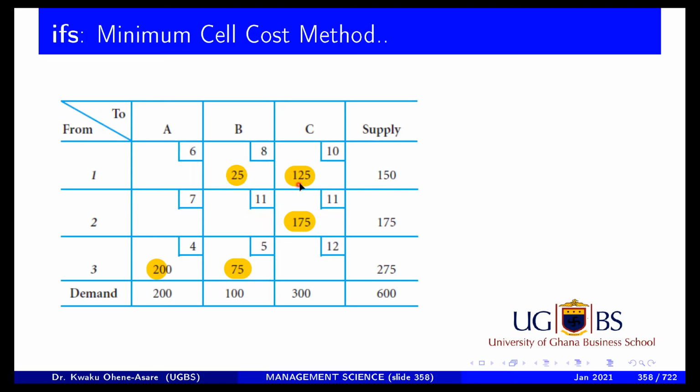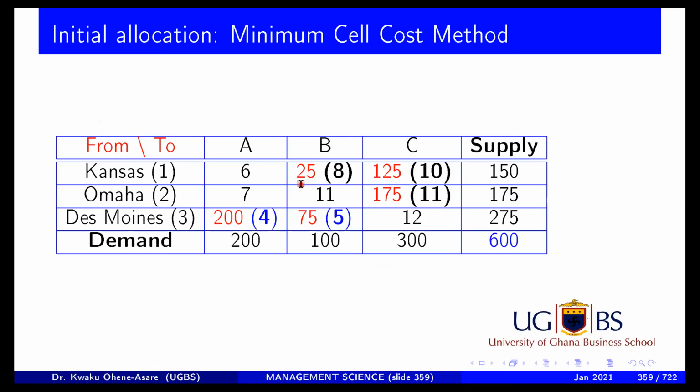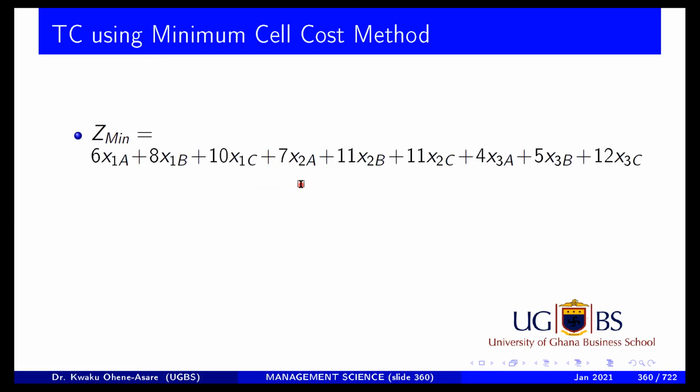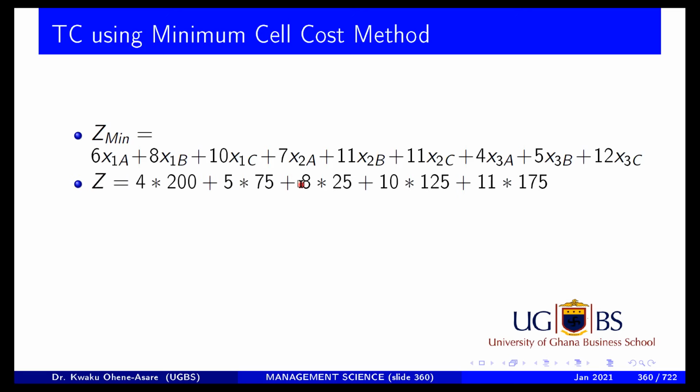You're going to substitute them into the objective function and multiply them, and you're going to get $4,550 for the minimum cell cost method.